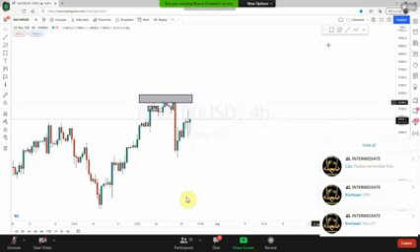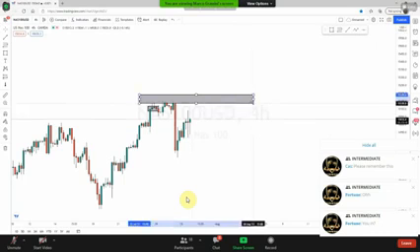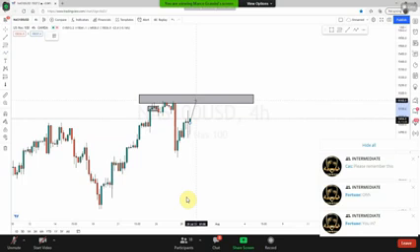So we can definitely see price probably coming into this level, but then making a decision as they build liquidity and push price higher. Yeah, and as always does that, eh? And then that's no longer an order block.